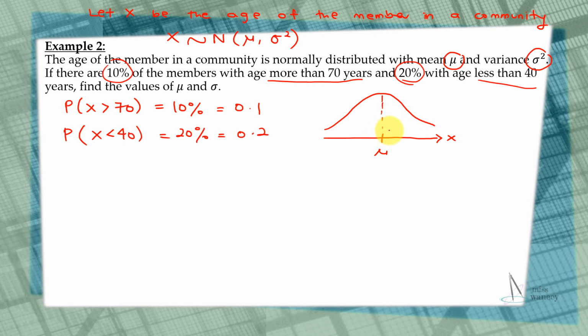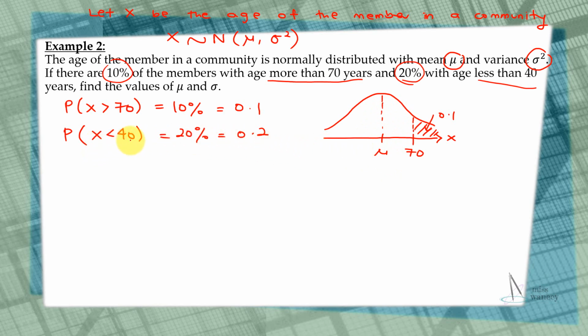So in order for x greater than 70 to be 10%, 70 should be on the right hand side, so that this region is 0.1. If you put 70 on the left hand side, then it should be bigger than 50%, because we should take everything on the right hand side of our mean.